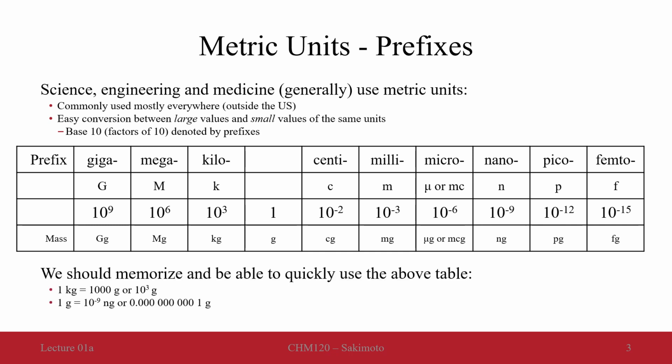We should be comfortable using this table, but eventually we will begin to memorize these prefixes and they'll come second nature. And there is ample opportunity to practice this in problem set 1. And of course, we will be using this skill throughout the rest of the course. So definitely make note of this table. This table is a fantastic thing to put in a cheat sheet and one that you will need to reference time and time again.